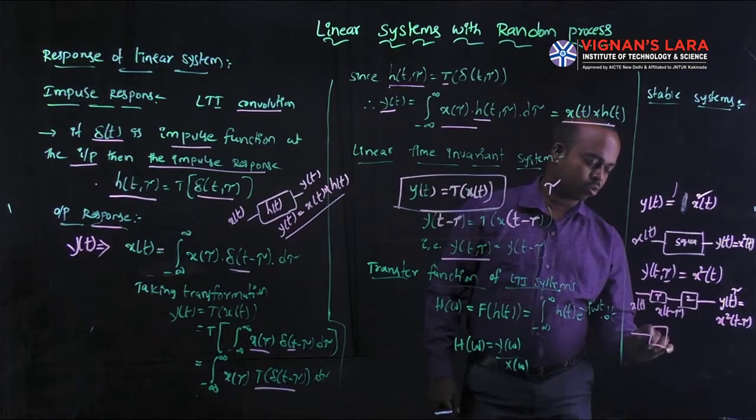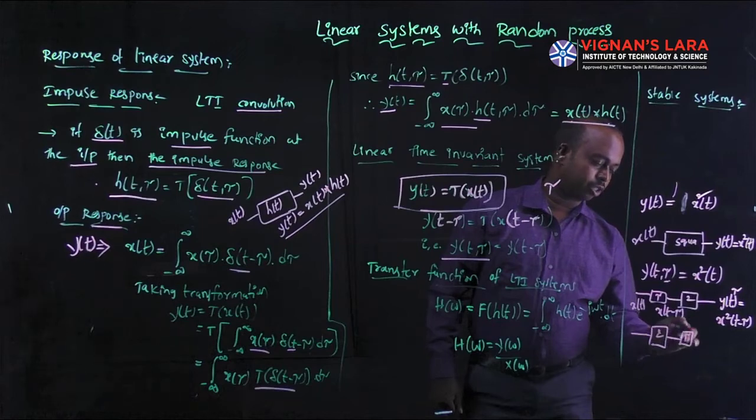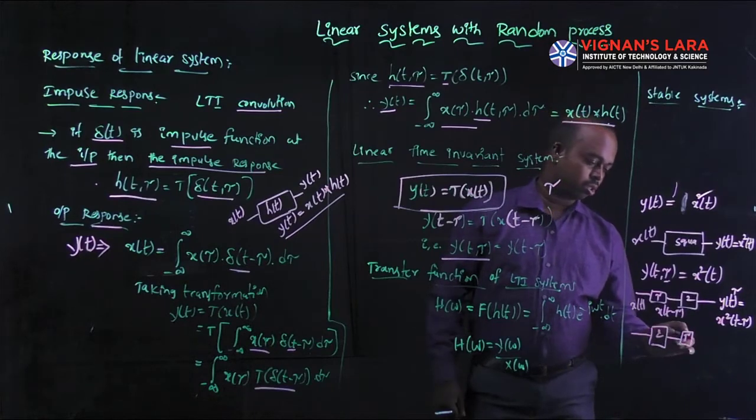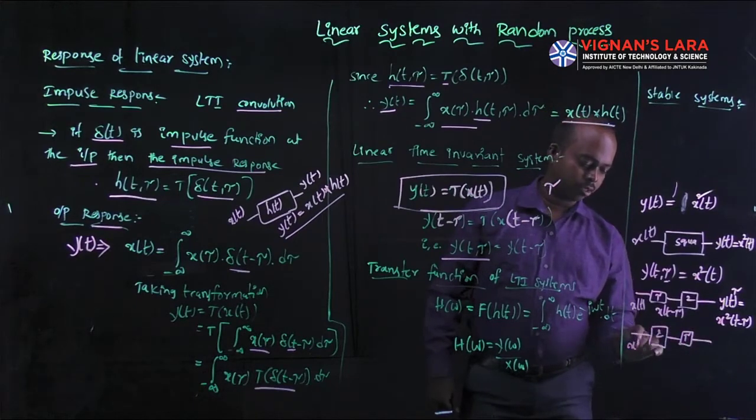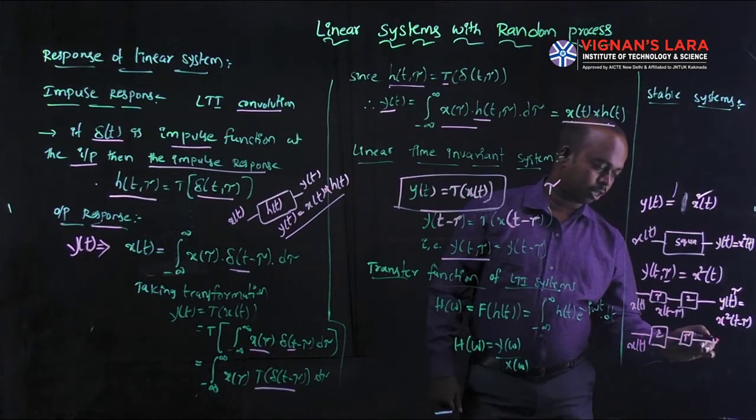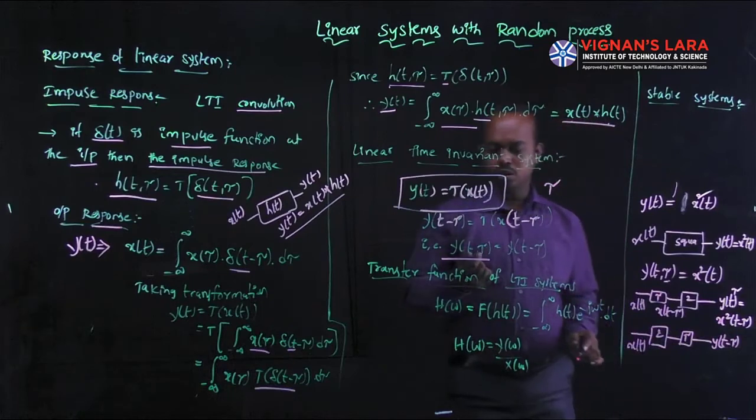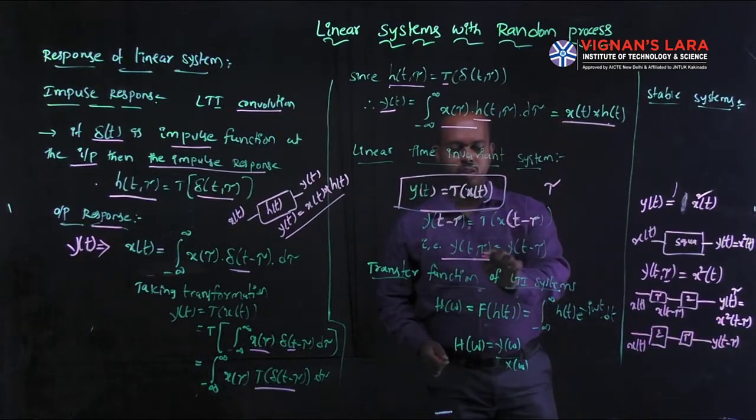First we take the squaring function, then we assign the delay tau. The input is x of t and the output is y of t minus tau. Here we have two statements, one is this and the second one is this.